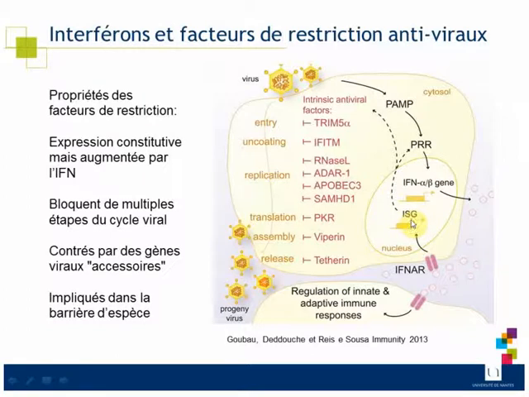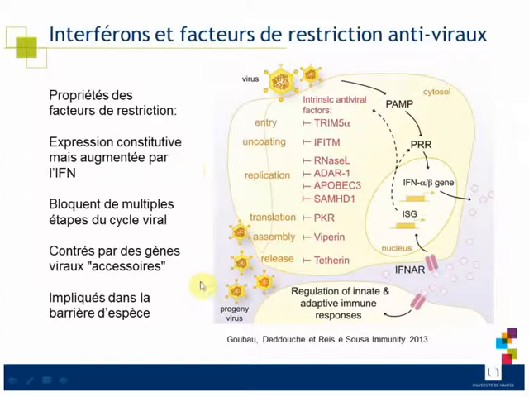Many of these interferon-induced genes are restriction factors for viruses. That is, they are cellular proteins that are going to block one or other of the different steps in the virus replication cycle. They may be constitutively expressed at a low level in many cell types, but as a general feature, their expression is greatly increased by interferon treatment.